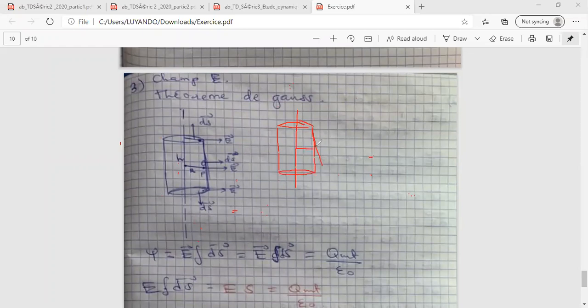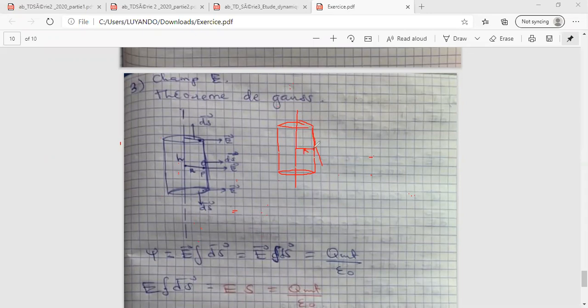Meaning the point P is on the surface of the cylinder, right here, as I've indicated. This is my grand R, as we stated, and this is my height, or the length of the wire.